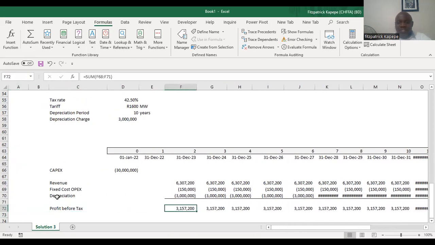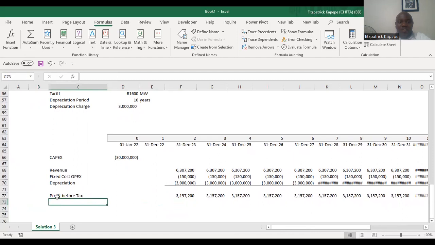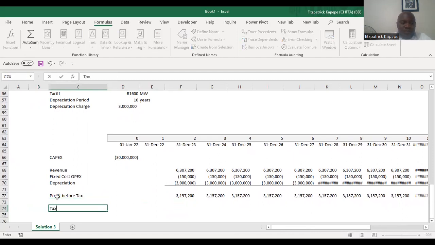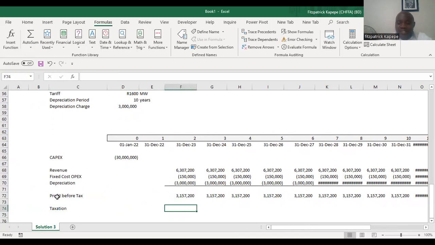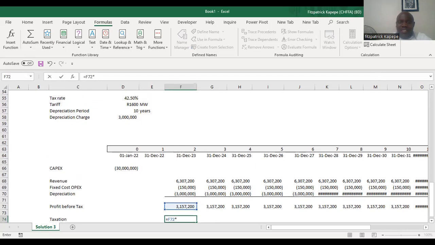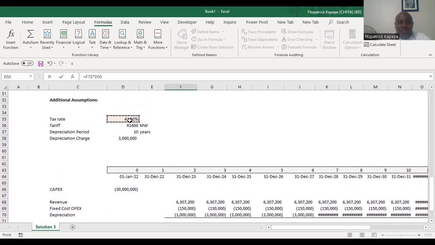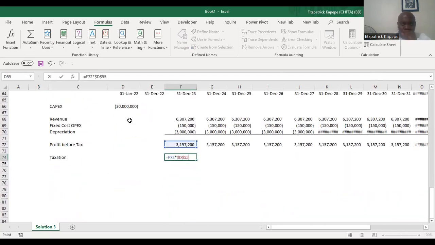So now that we have these numbers, we can compute our tax. So our taxation will be the profit before tax times your tax rate at 42 point whatever, and it should be a negative, sorry, a negative.